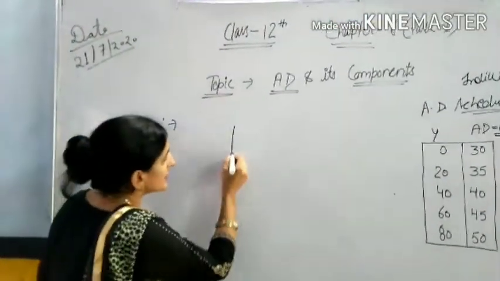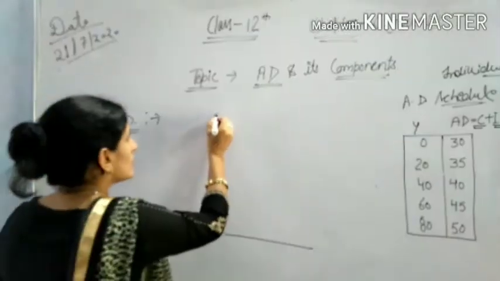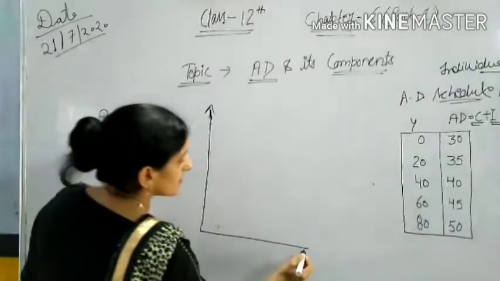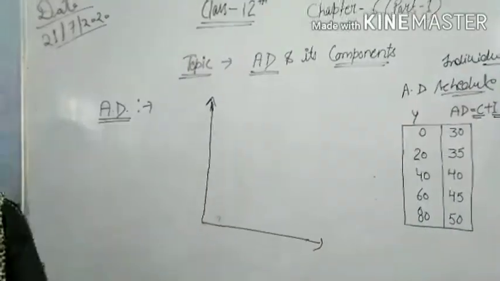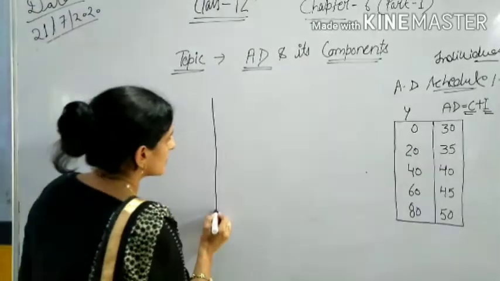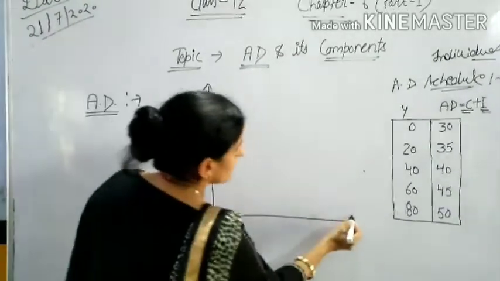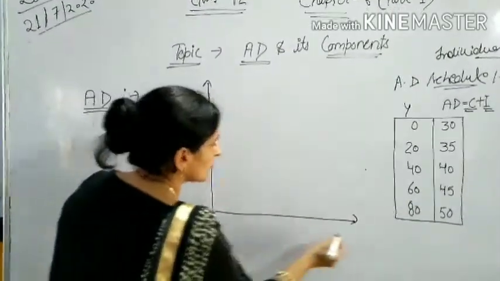Now we will study the diagram of aggregate demand. We will make the diagram on the basis of this table.